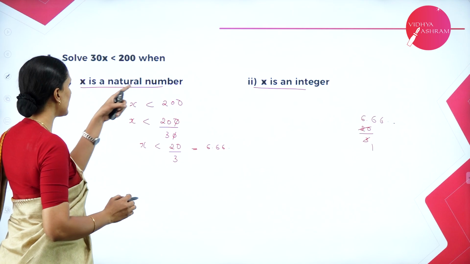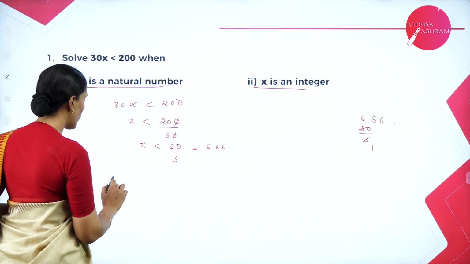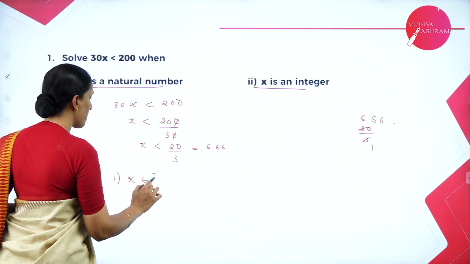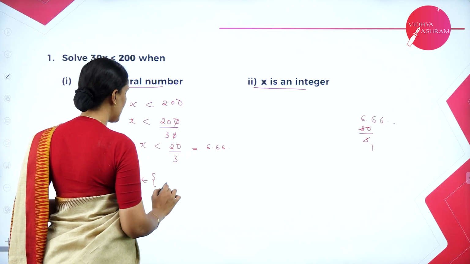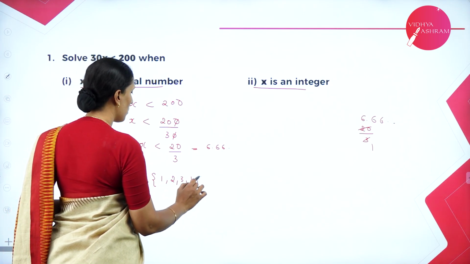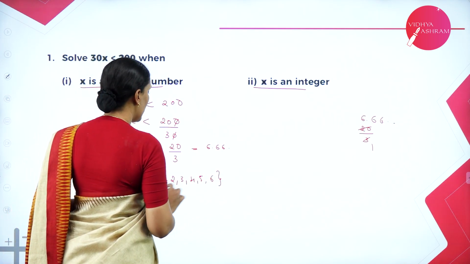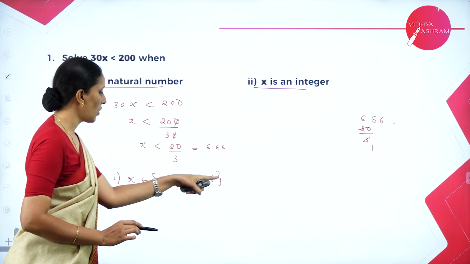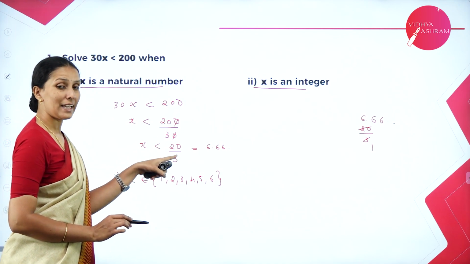When I say x is a natural number, we know the set of natural numbers always starts from 1. So the numbers which are less than 6.6 are 1, 2, 3, 4, 5, 6. So all the numbers which are less than 6.66 will form a solution for this inequation.